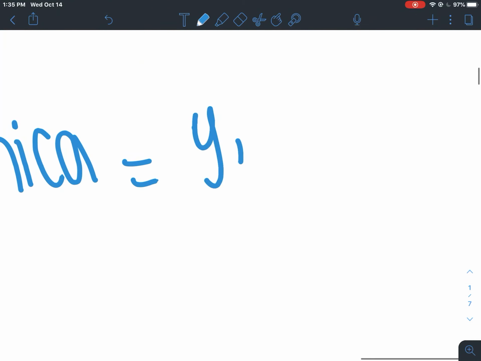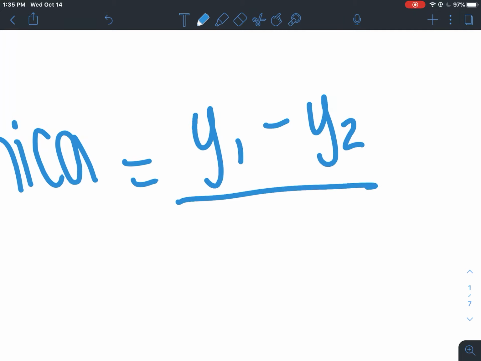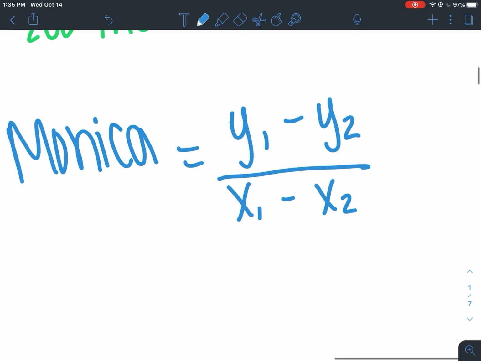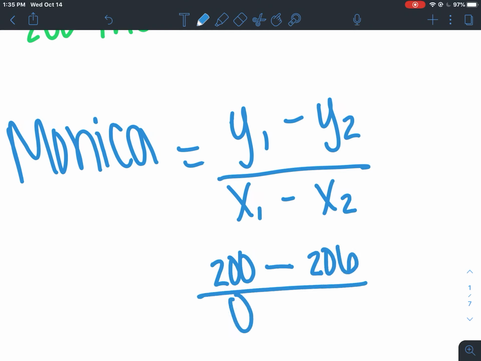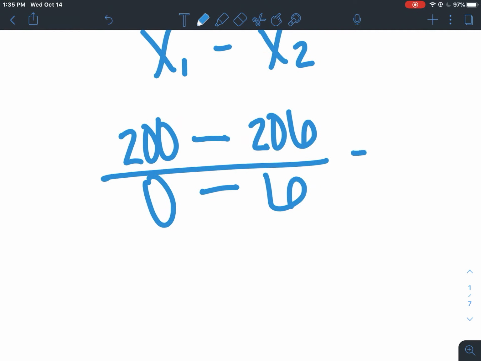So y1 minus y2 over x1 minus x2. y1 will be 200 minus y2, which is 206, over 0 minus 6. You could also have it as 206 minus 200 over 6 minus 0. Both of them will give you the same answer, so don't worry.